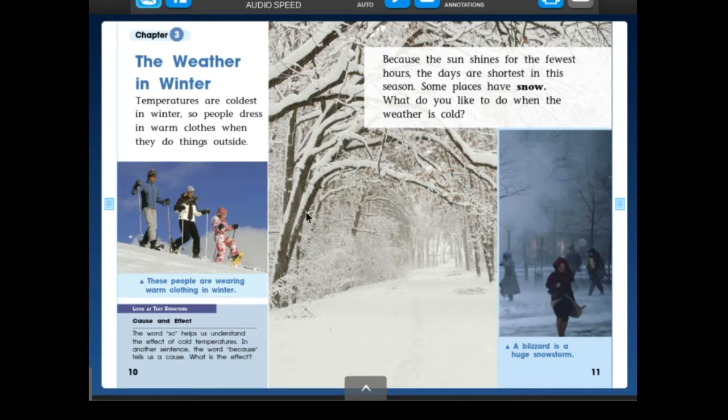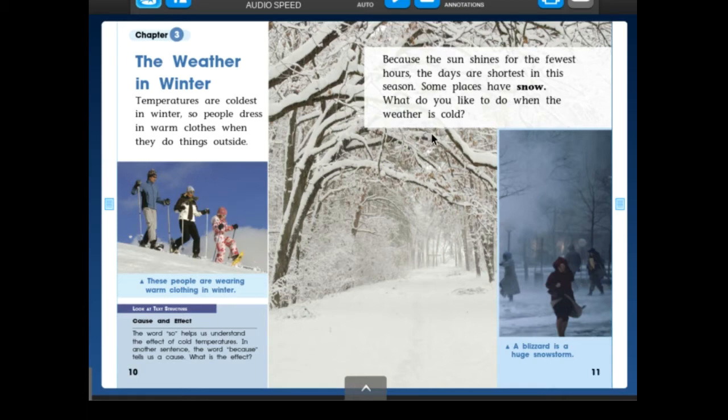I've got one more for you. It's kind of a trickier one. Why are the days shortest in winter? Did we hear anything about that? Not in this first paragraph. Let's read over here. Because the sun shines for the fewest hours, the days are shortest in this season.